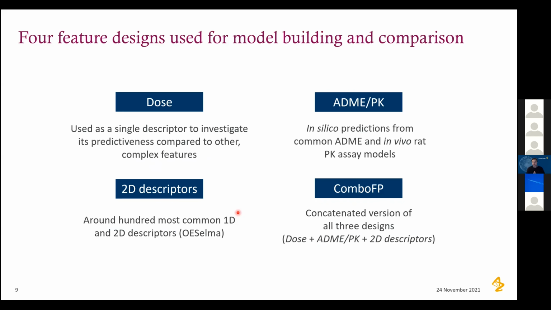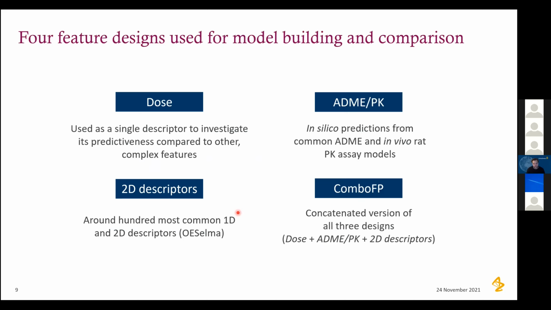So after extracting the data, cleaning the data, and then also applying some standardization on the SMILES, we generated 4 different feature designs that we benchmarked when doing the model building. The first one is just called dose, and that's because it consists of a single descriptor, which is the dose.